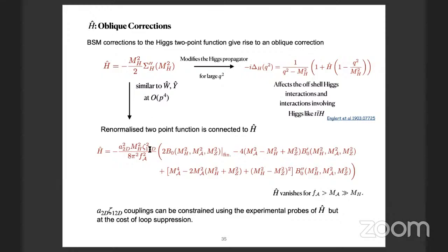Using our expression, we can write the H hat parameter like this, where everything is finite. The Passarino-Veltman functions have finite contributions. We can clearly see that a to D and zeta 1 to D are there, the same couplings as we saw in the leading order effect, but here the loop effects are there, as we can see this 1 by 8 pi squared factor over here.